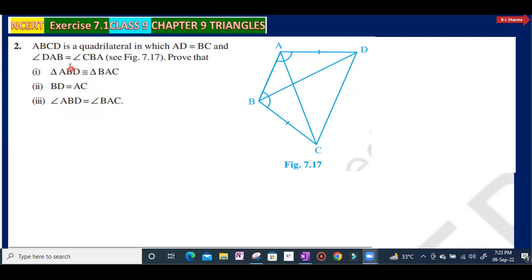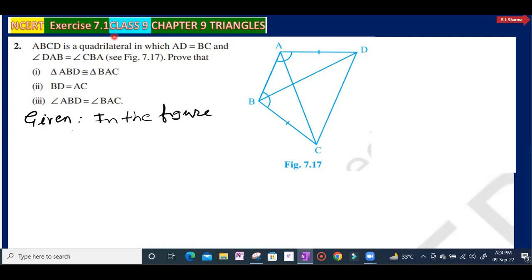So first of all, in this question we will prove that triangle ABD is congruent to triangle BAC. So first of all, we have to write what is given here. Given in the figure, AD is equal to BC.